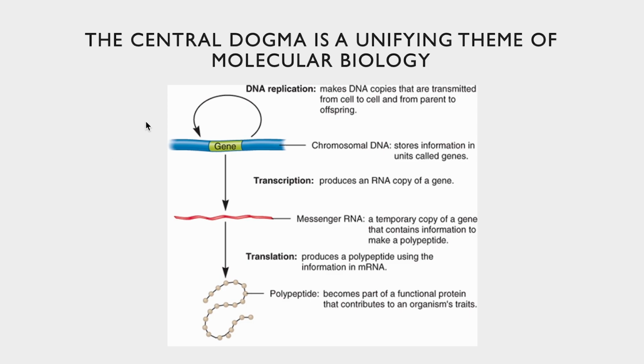We start here in a gene in any chromosome. When the cell divides, we first replicate all of our DNA to make an exact copy that will be transmitted from the parent cell to the 2 daughter cells.